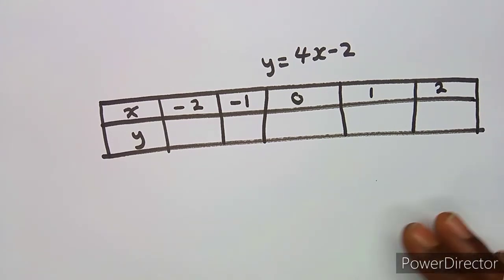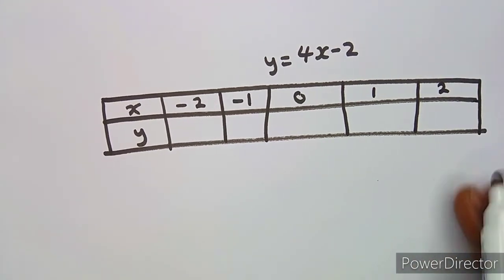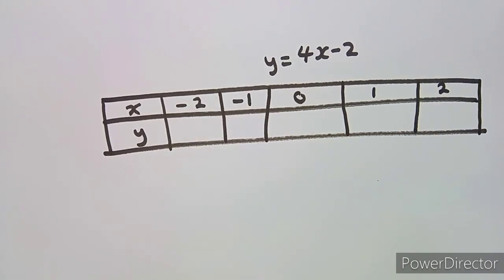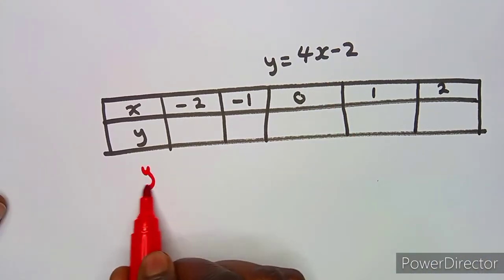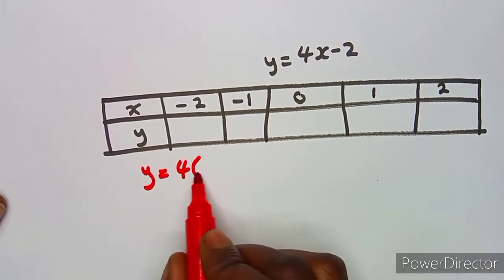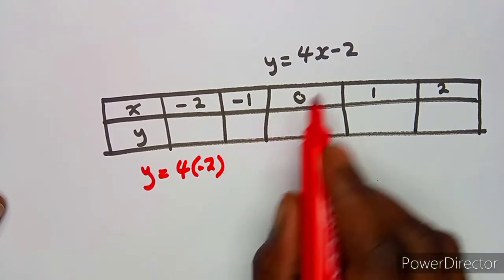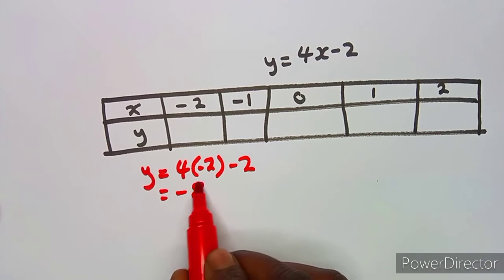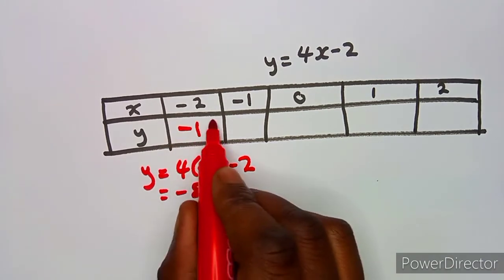And we have to find the values of y now. So it's a matter of substitution into the value of x here. We're going to substitute -2. So y is equal to 4 into -2 in place of x, then minus 2. So it's going to give us -8 minus 2, which is -10.